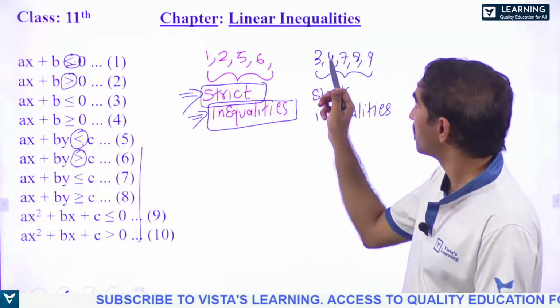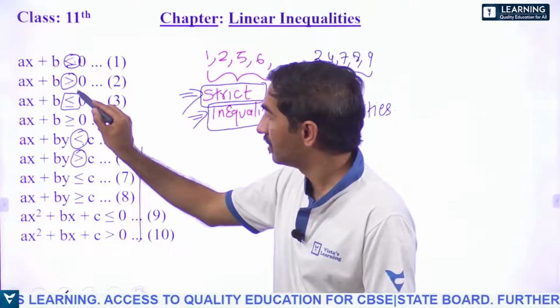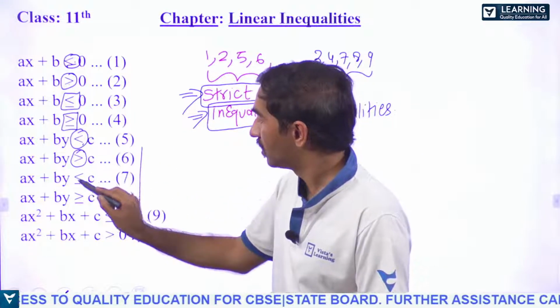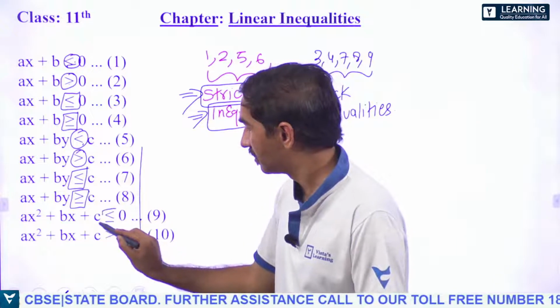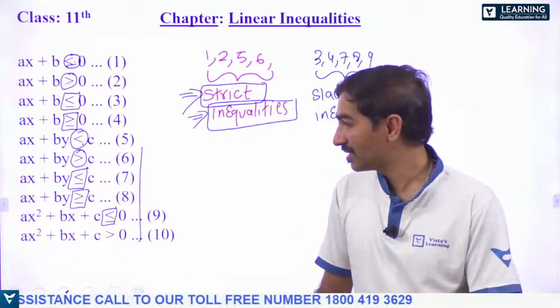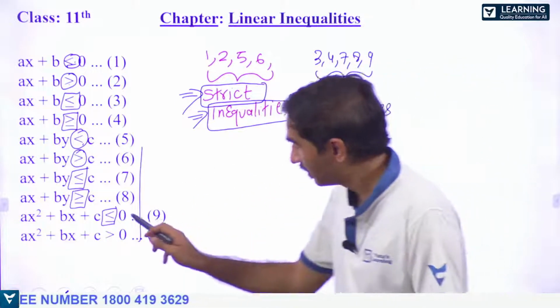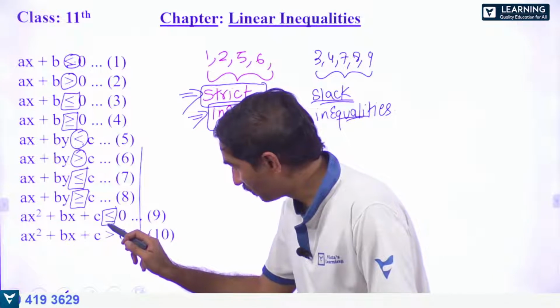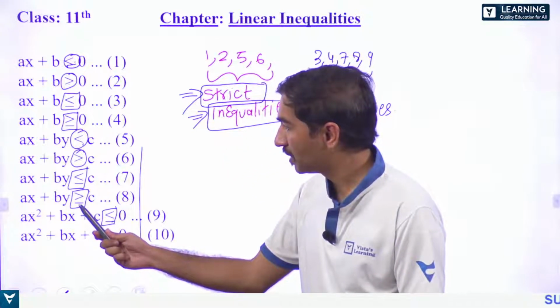Now you see these equations 3, 4, 7, 8, 9. What are these called? These are called slack inequalities. Why are we calling them slack? Lesser than or equal to, see this equal to sign? Greater than or equal to, see here, equal to sign.